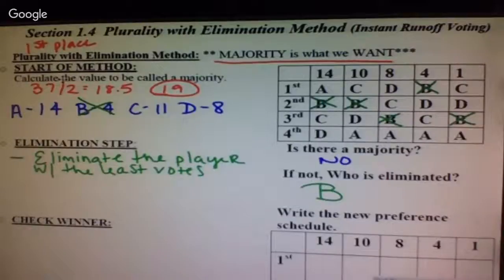Once we eliminate, our next step is to write a new preference schedule. We now need to write a new schedule.